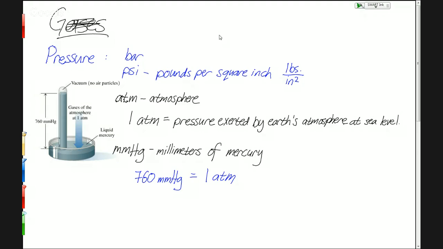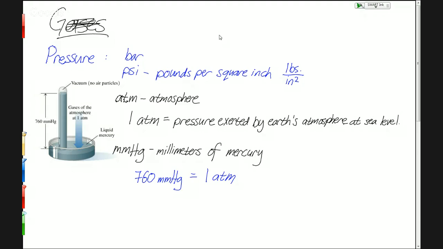So take a container, fill it with mercury, and then you evacuate a tube. You take all the air out of a tube, and you invert the tube into the mercury. Mercury is going to push up into that evacuated tube, right? And why is that? Well, because the atmosphere is pushing down on the rest of the mercury, forcing it up the tube. The distance that the mercury will travel is 760 millimeters.